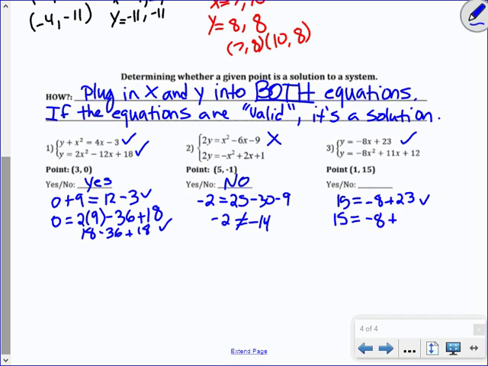That's negative 8 plus 11 plus 12. Okay, so that's still 15. So would (1, 15) be a solution? That's just another learning target you need to be able to work through: given a point, can you tell if it's a solution? Alright.